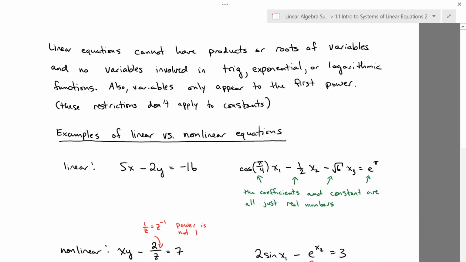Trig, exponential, and logarithmic functions are called transcendental functions, so they're not linear. One thing to understand is that these restrictions don't apply to constants, so you just can't have these things involved with the variables.